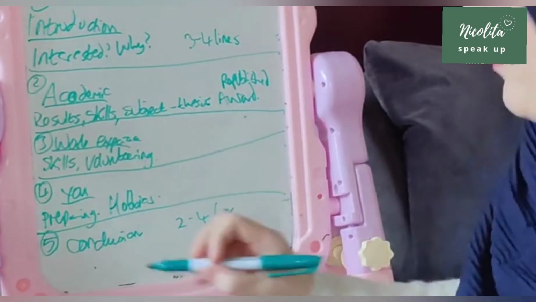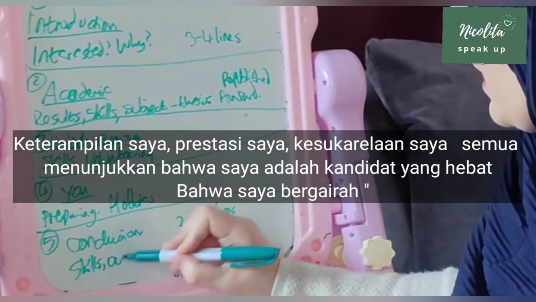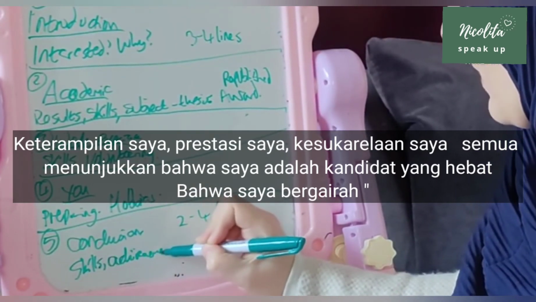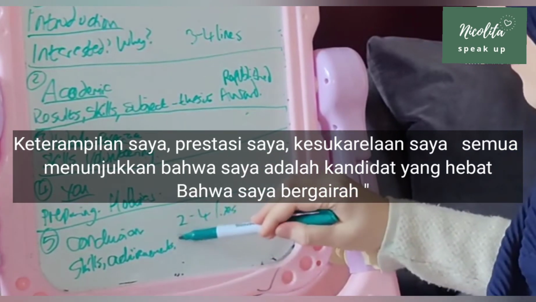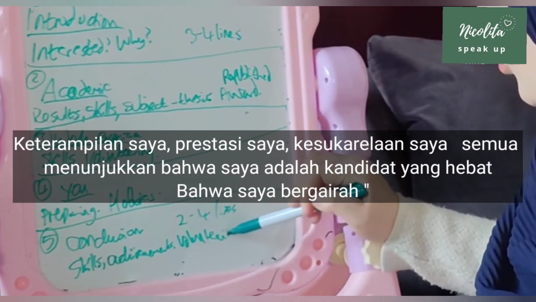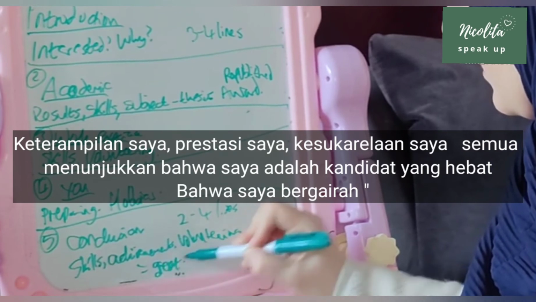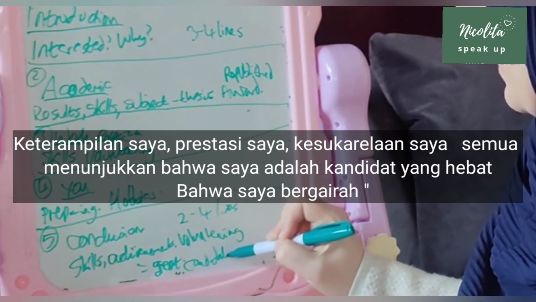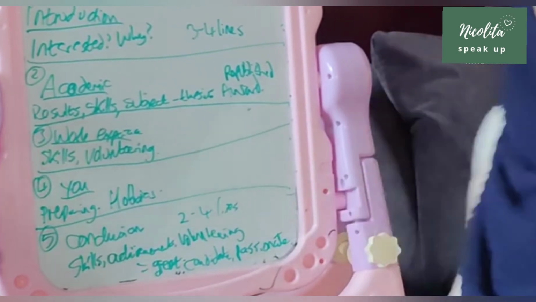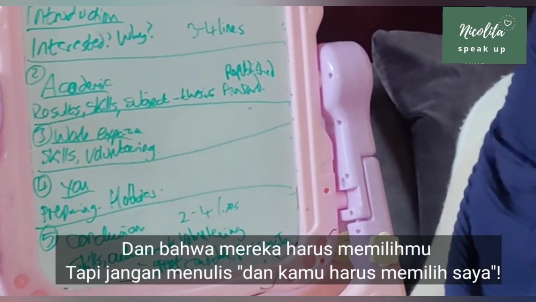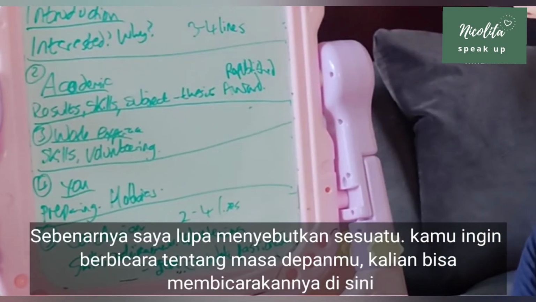You want to say, my skills, my achievements, my volunteering, all show that I am a great candidate, that I am passionate, and that they should choose you. But don't write, and you should choose me. Don't write that.